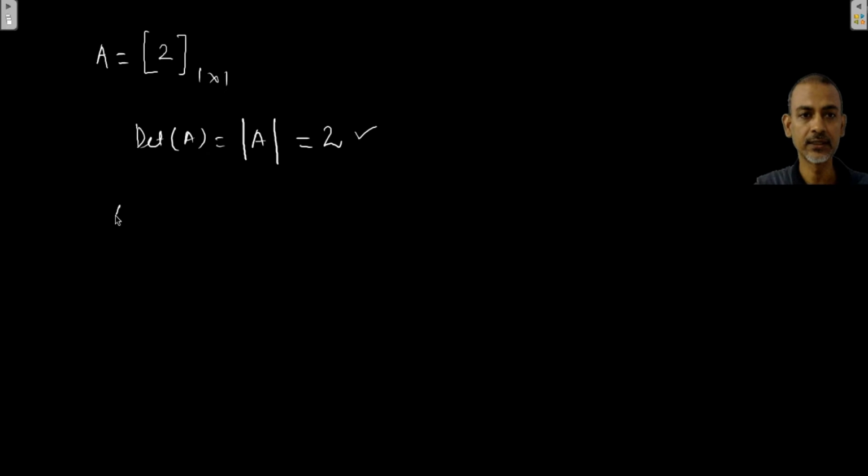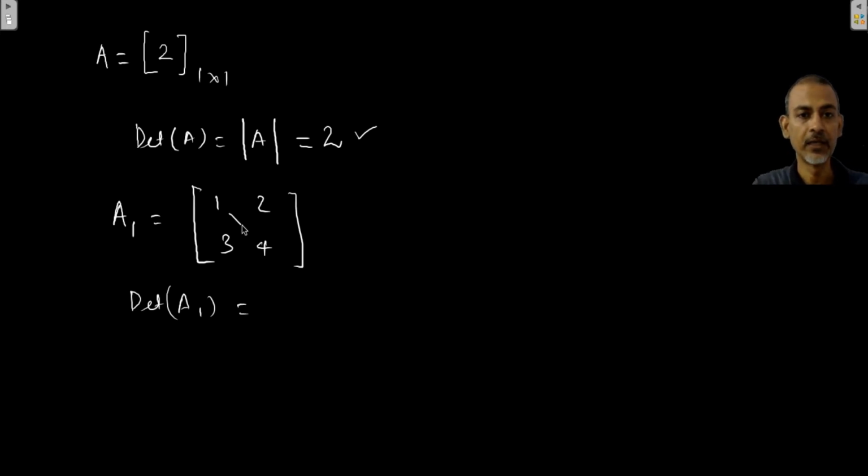Now let's say this is A1, and now I have a 2 by 2 matrix, something like 1, 2, 3, 4. Determinant of A1 would be written like this: we multiply 1 into 4, and then multiply 2 into 3, and then we subtract.